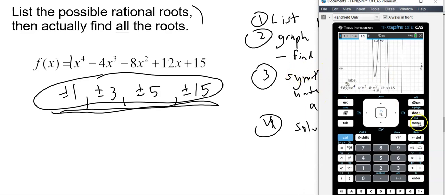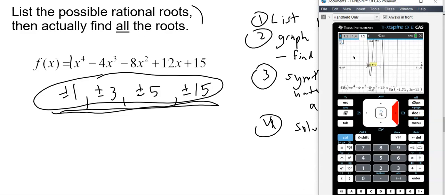So menu 5.1. You can see there's a 0 at 1.73 and negative 1.73. But that's not on my list of possible rationals, so I don't think that one's rational. Negative 1 is on my list of possible rationals.